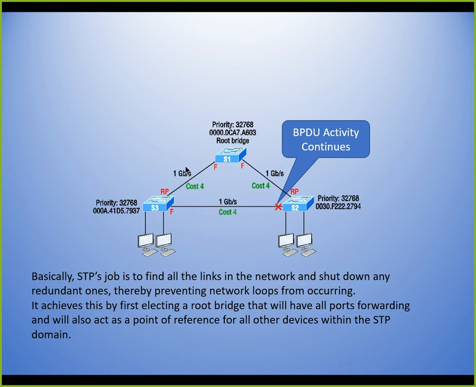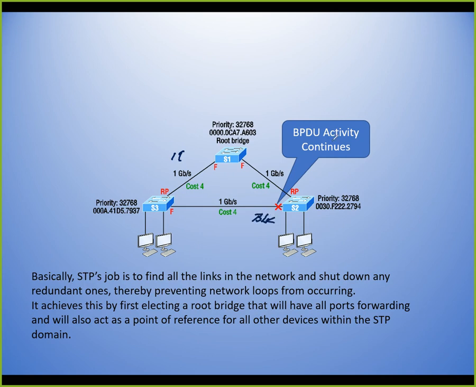All of these are gigabit. If we play a what-if game here, if this were 100 meg, it had a cost of 19, it wouldn't go directly. It would go this way because the cost would be less. So it really is dictated by the cost. And this one got put into blocking state.